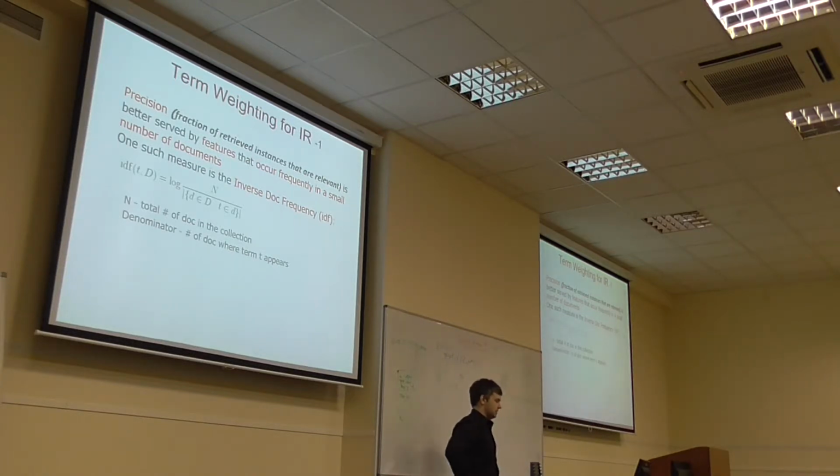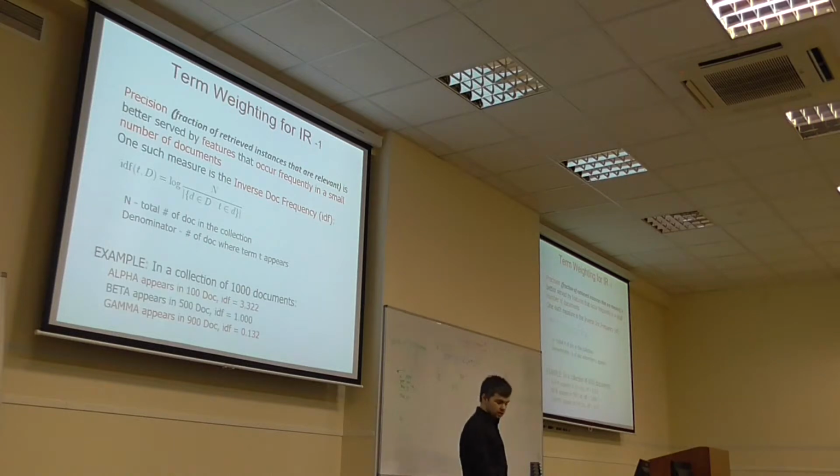So we basically see the proportion of all documents to documents with a certain term. That gives us a measure of how often a certain term appears in certain documents but not in others. So this is important for precision.